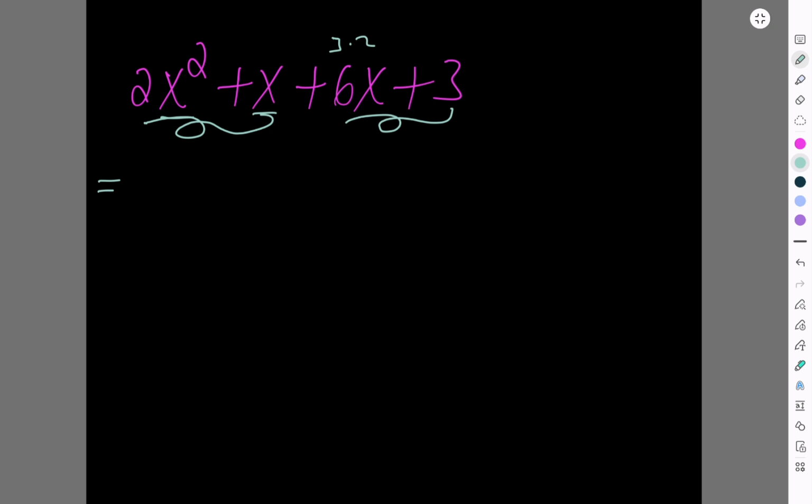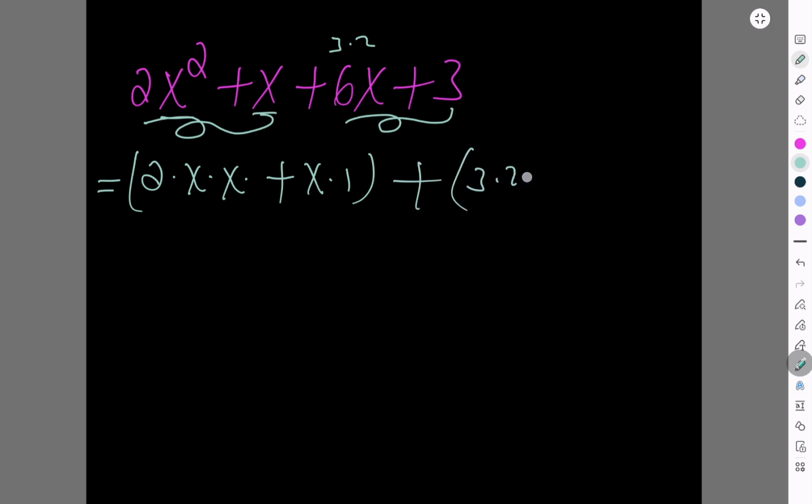To do that, let us expand each of the terms first. Then we have 2x squared means 2 times x times x, plus x means x times 1. And similarly, plus for the second group, 6x means 3 times 2 times x, plus 3 means 3 times 1.